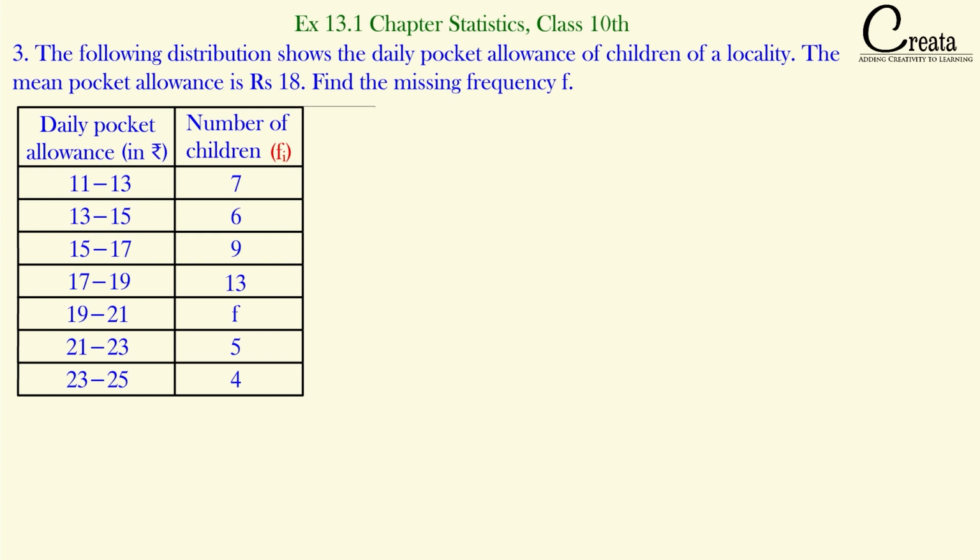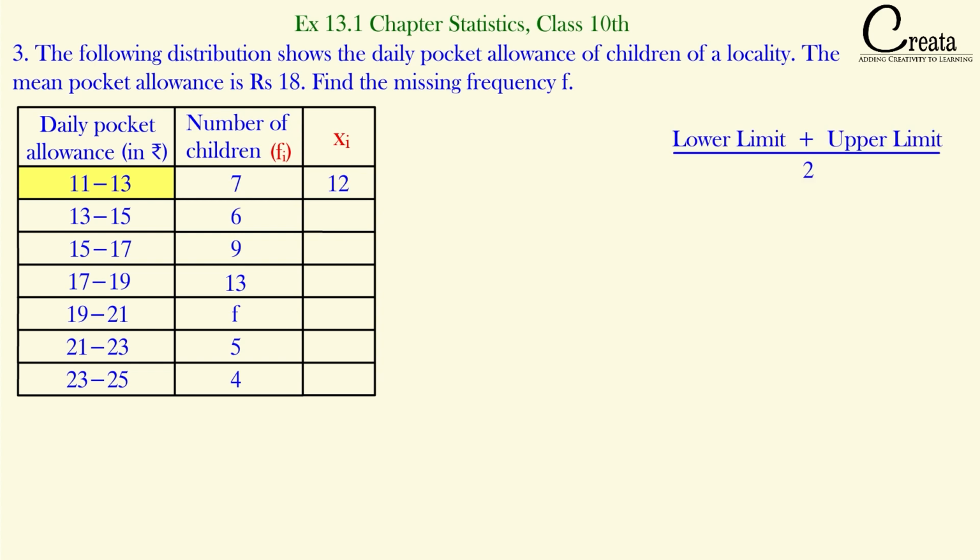Further, let's find Xi, that is the observation, also the class marks. How do we find Xi? Xi is the midpoint of the range. Let's start with 11 to 13. The midpoint will be 12. We can also calculate using the formula, lower limit plus upper limit upon 2, which is 11 plus 13 upon 2. We got the midpoint as 12, that is the class mark Xi, which is also the observation.